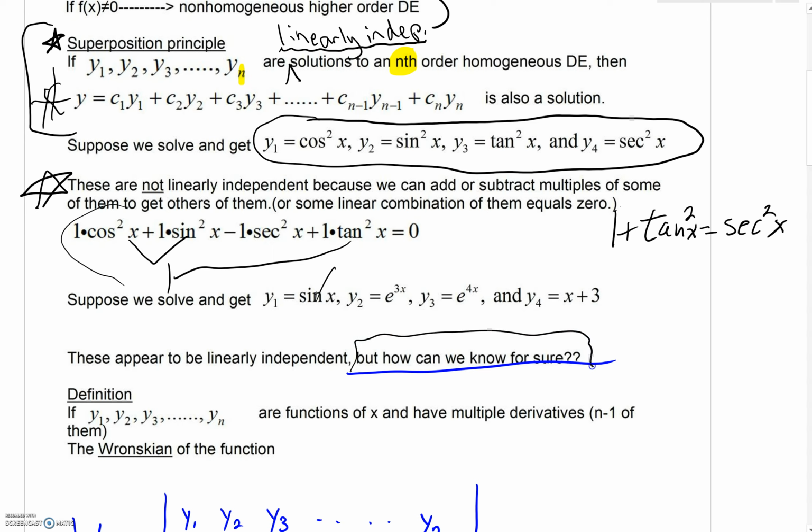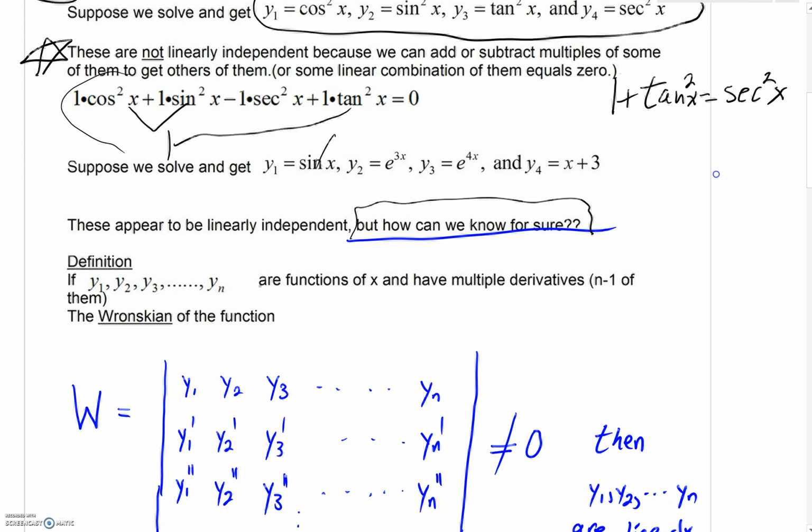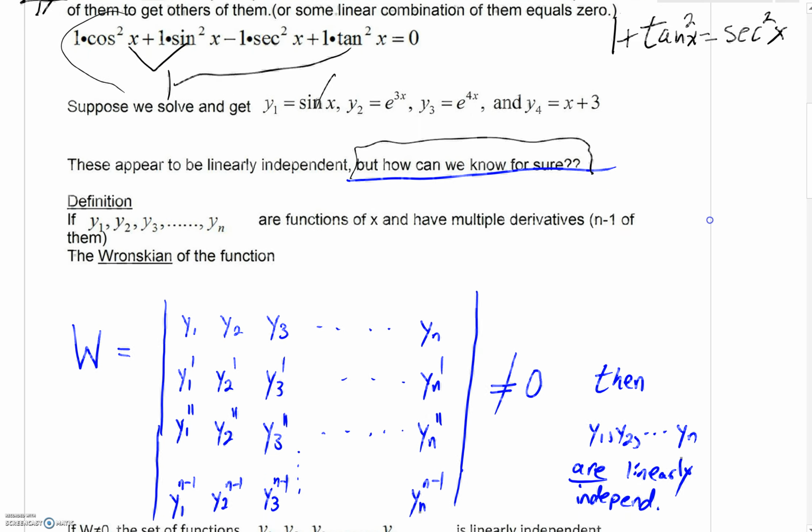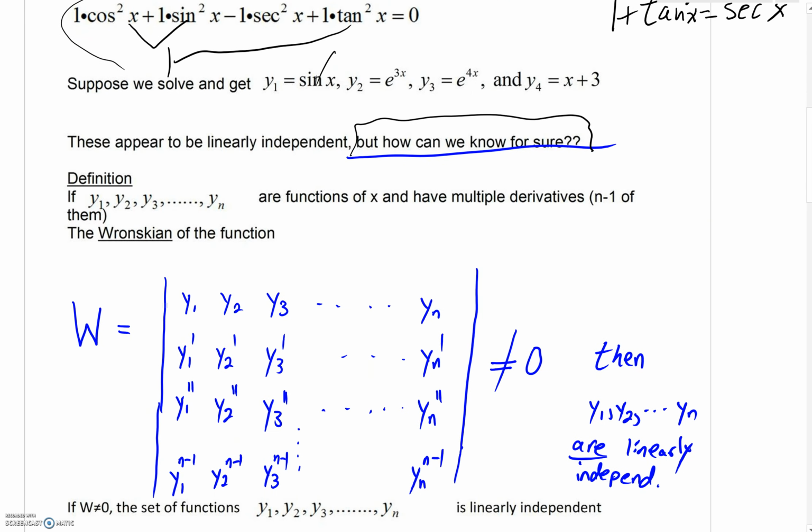How do we know for sure, though, that we couldn't put constants in front and get 0? Well, today we're learning about something called the Wronskian. And the Wronskian is a wonderful tool that we can use to check for linear independence.